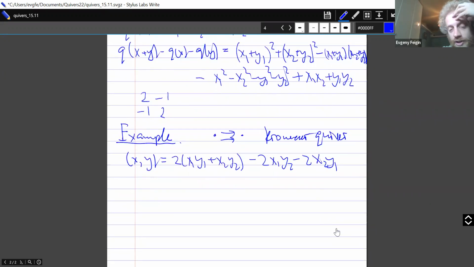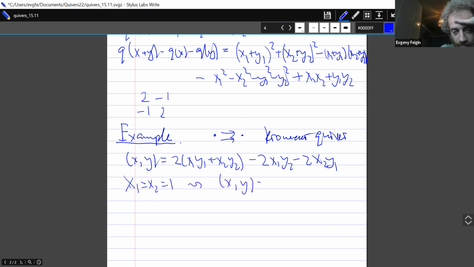So what is the kernel of this form? When x1 is equal to x2. Absolutely. If x1 and x2 are 1, then xy is 0, just by definition.